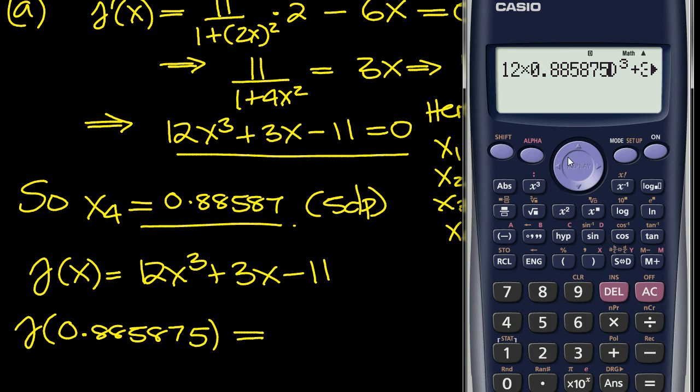Just go back and correct it then. Minus 11, we don't need that bracket there. So equals. So we've got a positive small value.